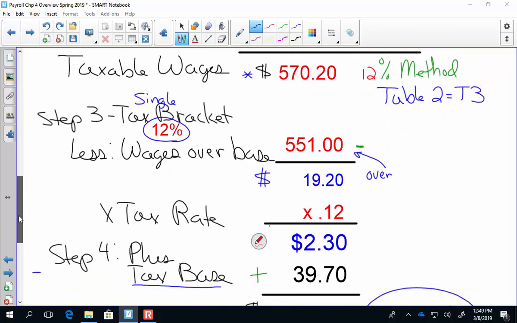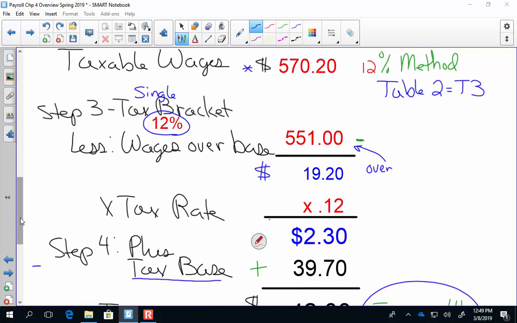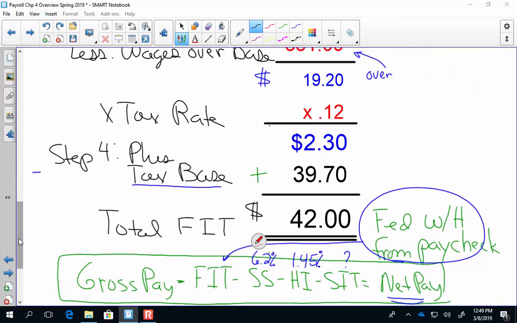So I'm only going to charge the 12% on the amount over 551, which is only $19, and that gives me $2.30. I add that to the base, the amount of tax up to 551, which is $39.70. Together, we add them and come up with $42 for federal withholding purposes.